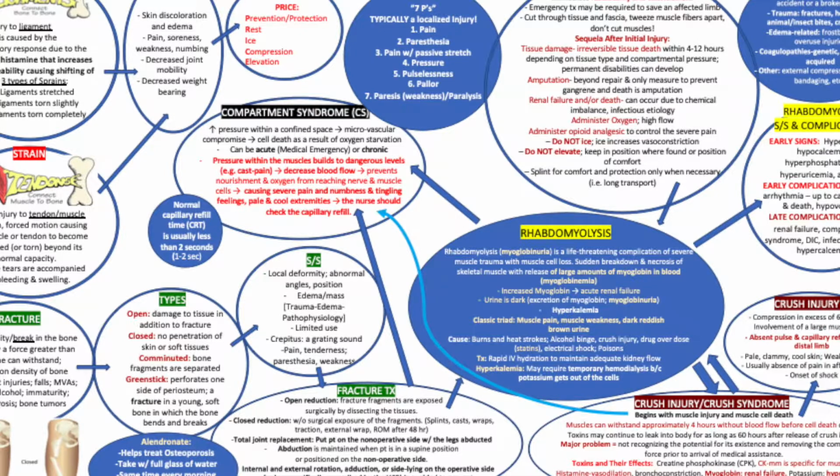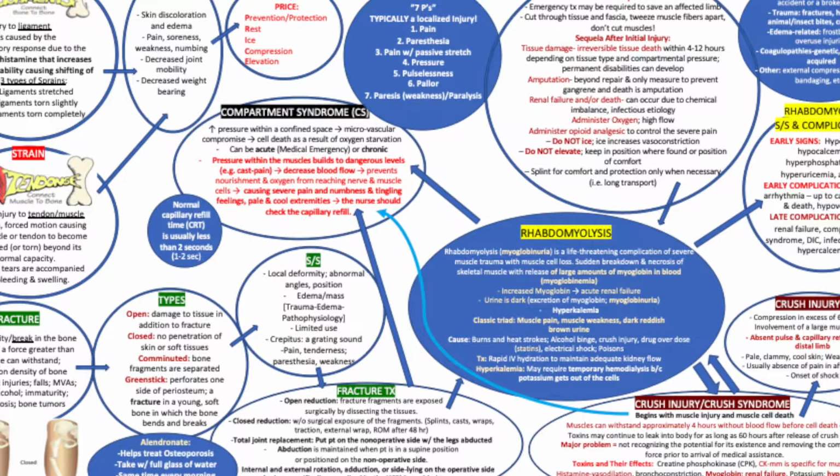The treatment for rhabdomyolysis is rapid IV hydration to maintain adequate kidney flow. What could result from this is hyperkalemia, which may require temporary hemodialysis because the potassium gets out of the cells.